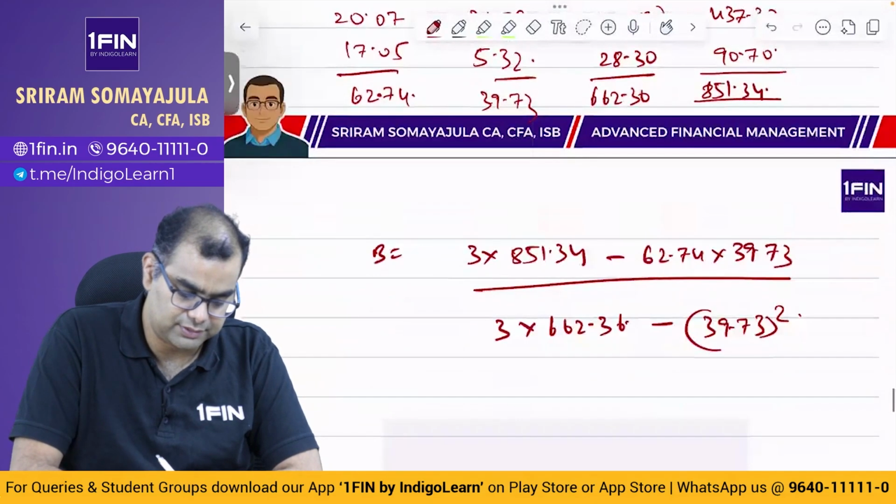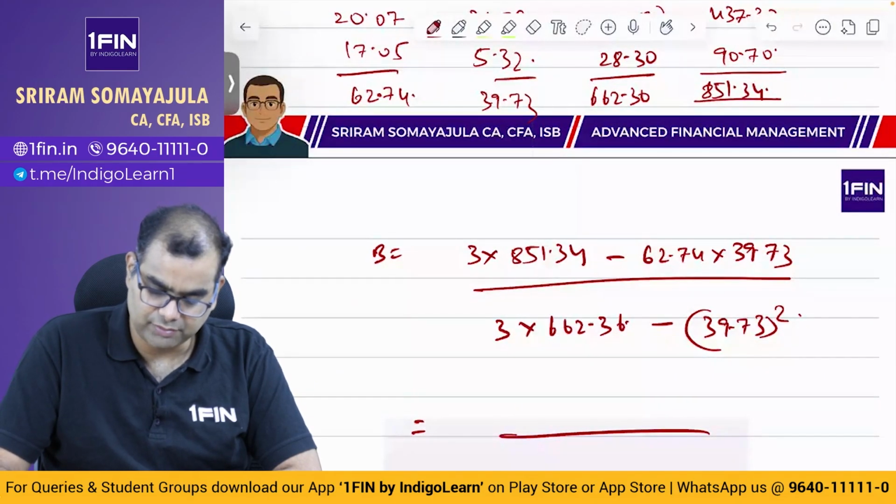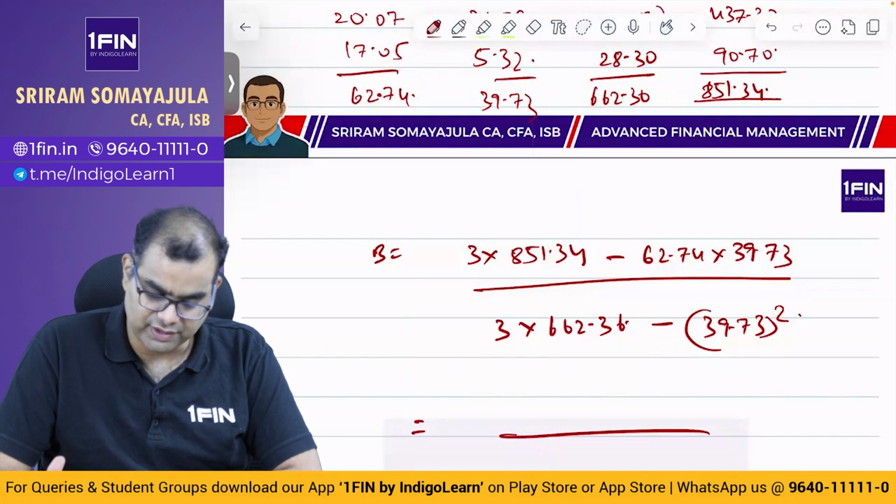So this will be the denominator. First I'll do 662.36 into 3, store it in memory plus, and 39.73 into 39.73 is equal to 1578, memory minus.